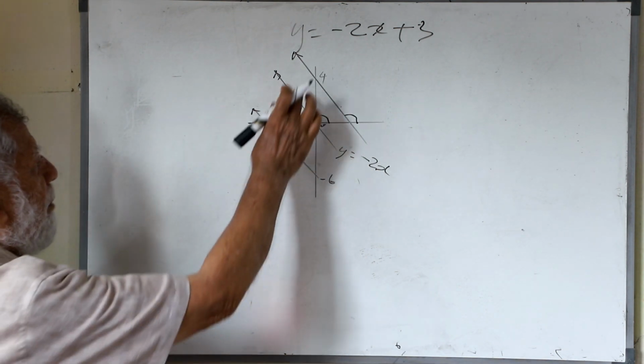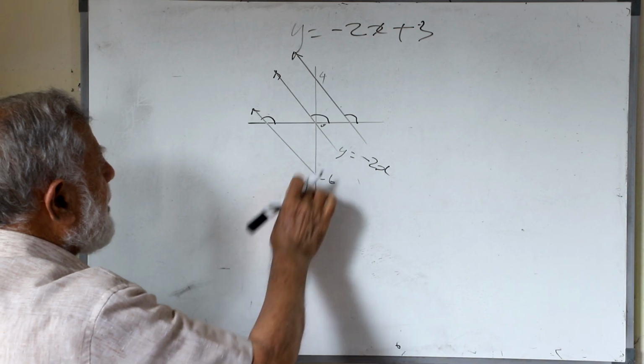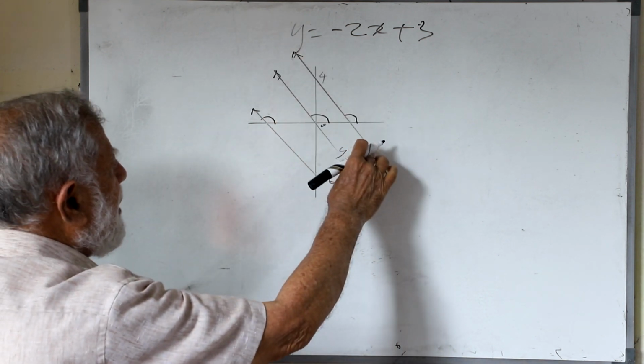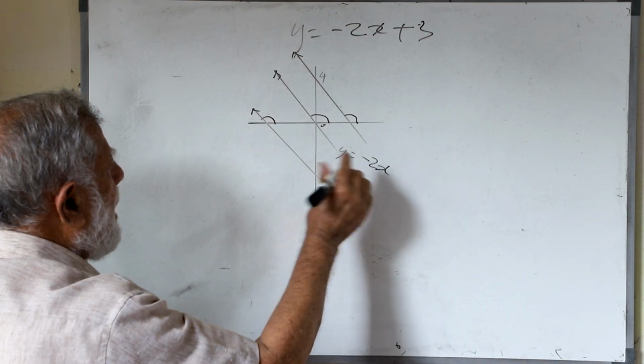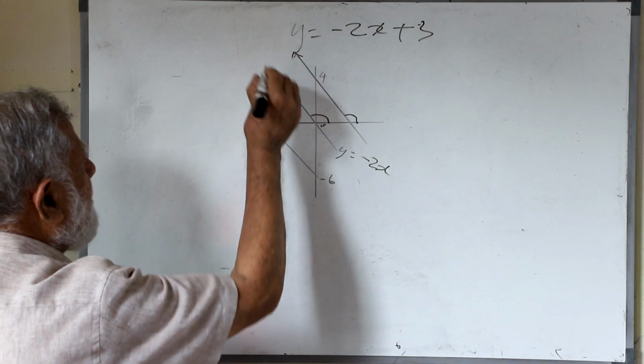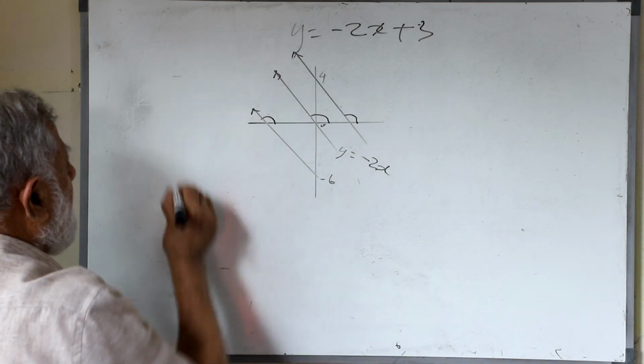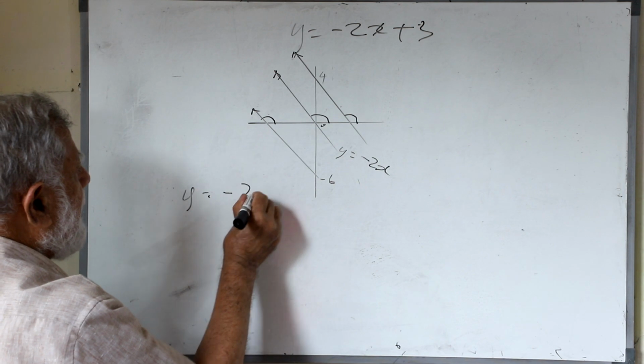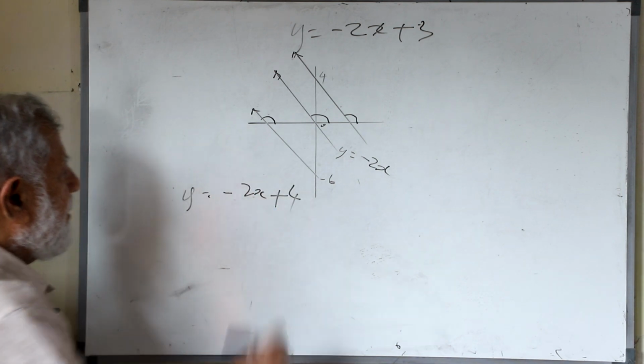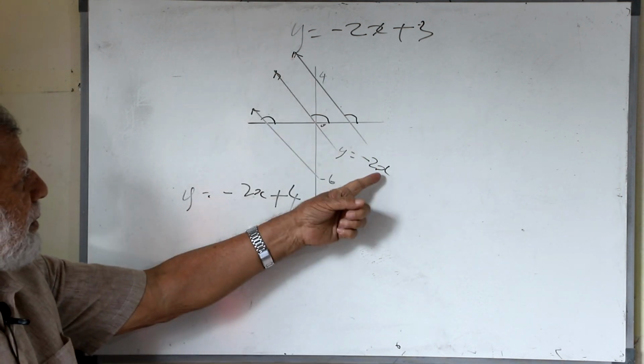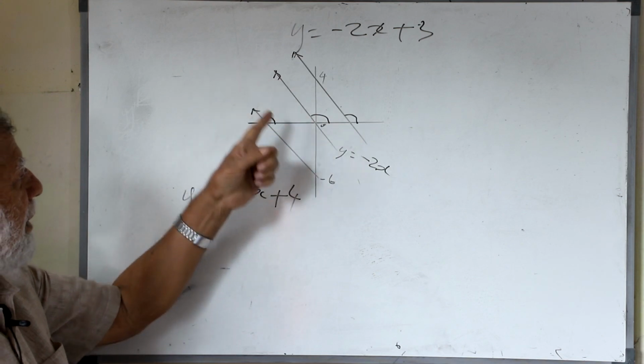And if this is 4 here and 6 here, and we want to get the equation of this line, we know the gradient is minus 2. So the equation of this line will be y is equal to minus 2x plus 4. The gradient is minus 2 and the intercept is 4.